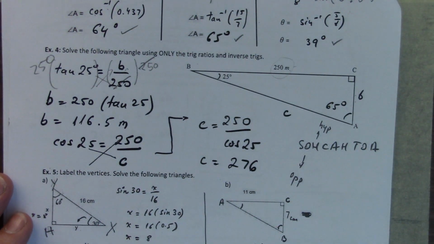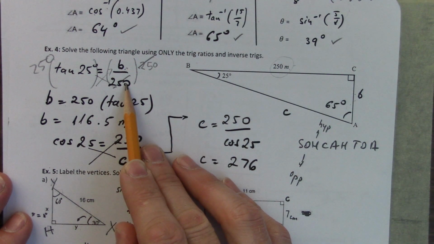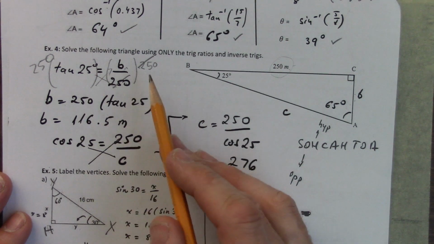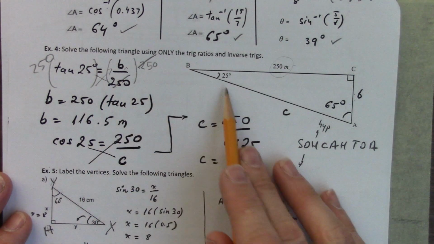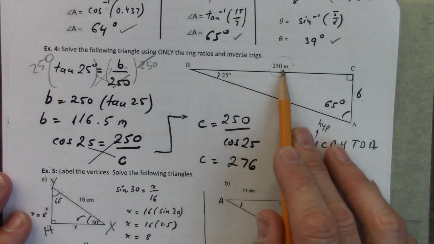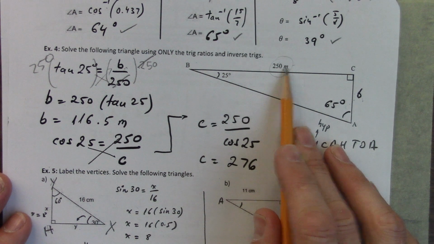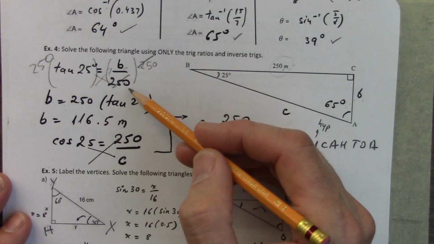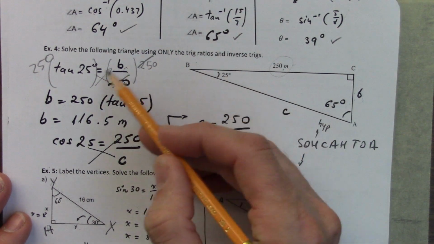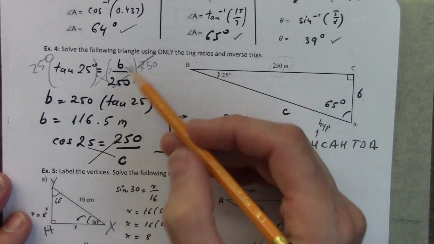When do you divide? Or why do I divide by 250? When the ratio is tan 25, so it's the opposite, B over the adjacent 250. That's why it's divided. Do you understand why I multiplied both sides by 250 to get rid of it? I know, but when do you divide?